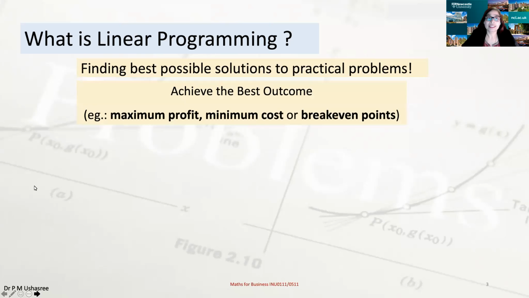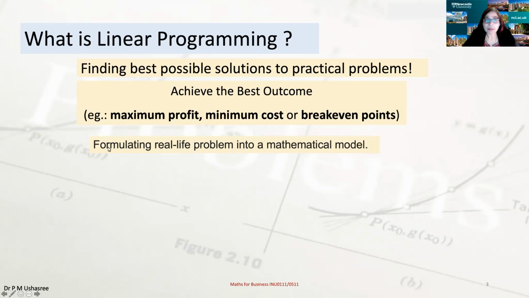For example, maximizing the profit or minimizing the loss, or if you're involved with production, maximizing the productivity or minimizing the cost, or to achieve the break-even point. So it is used to achieve the best outcome.